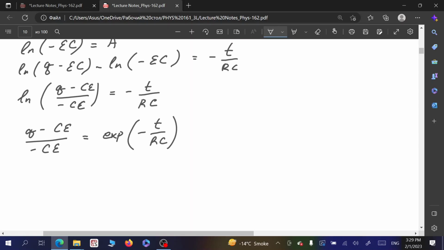Now, with rearranging this, we can get the following. So q as a function of time will be equal to c times epsilon minus c times epsilon times exponent minus t over rc.